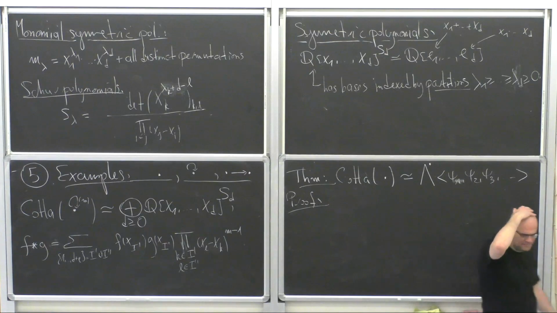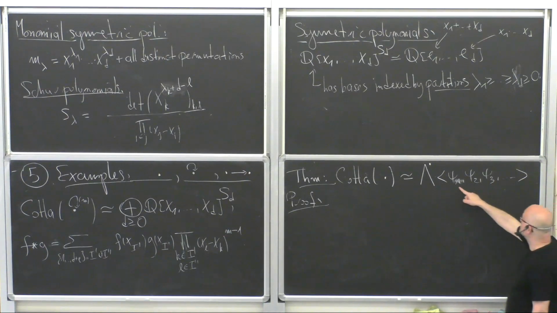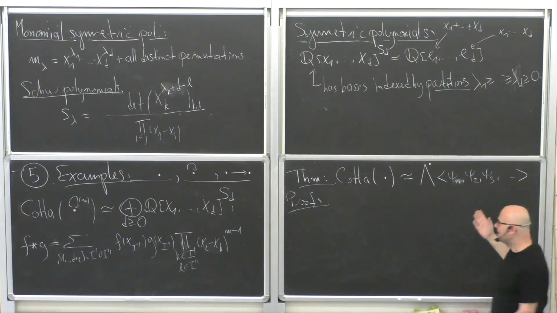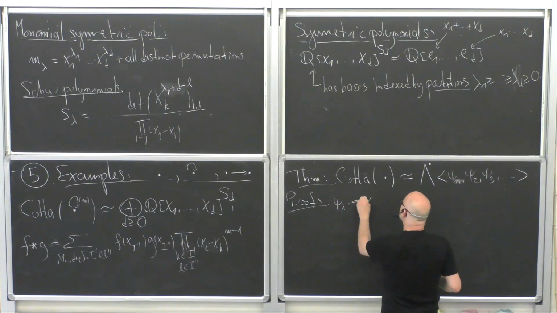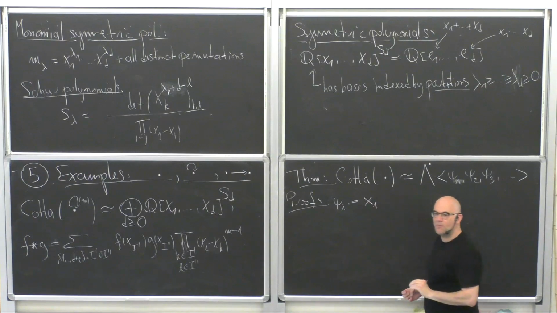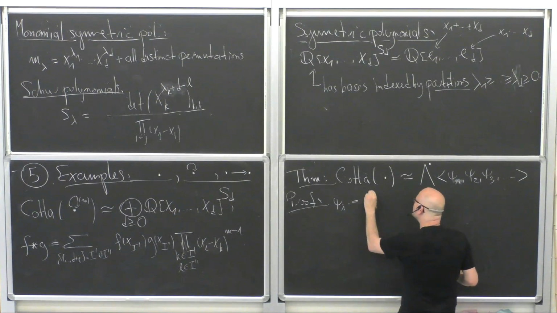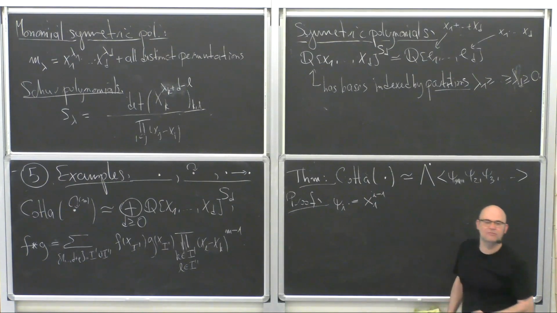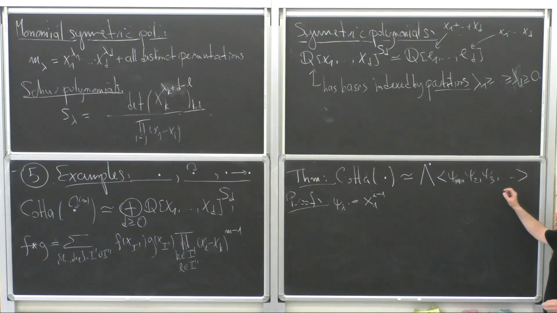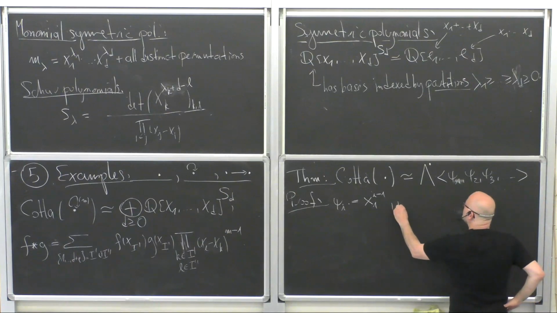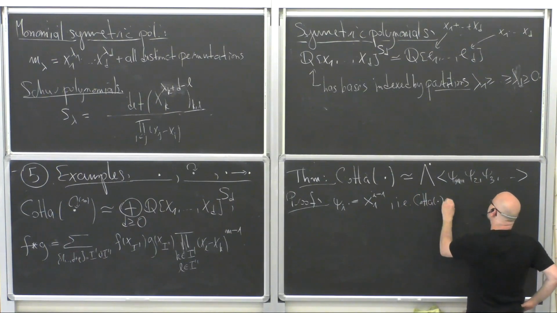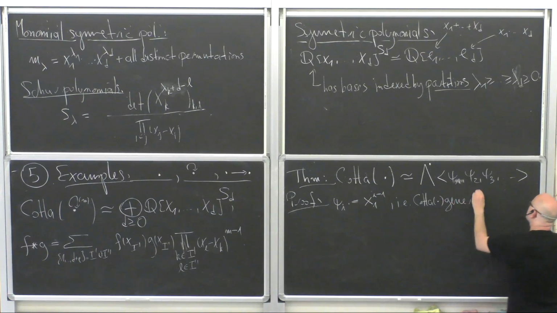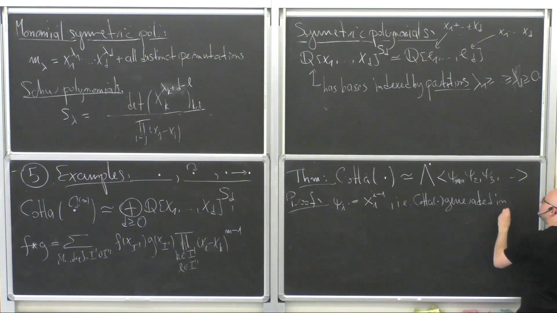So first of all, I have to tell you what these generators are. These generators psi i are precisely, well, we take the monomials in one variable, and it's just the power x to the i minus 1. So Coha star is generated in degree 1.